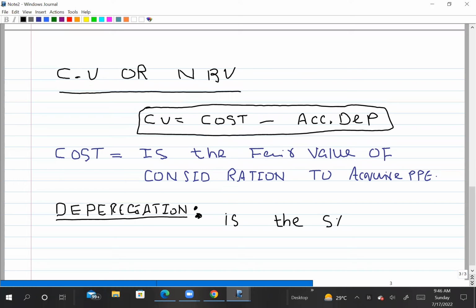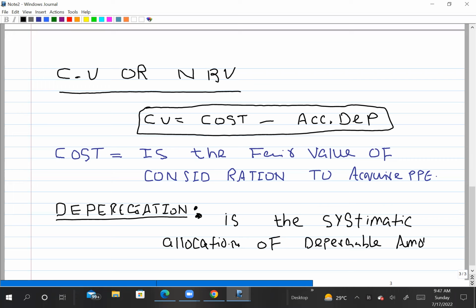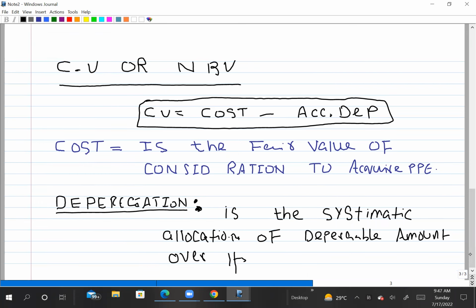depreciation is the systematic allocation of depreciable amount over its useful life.